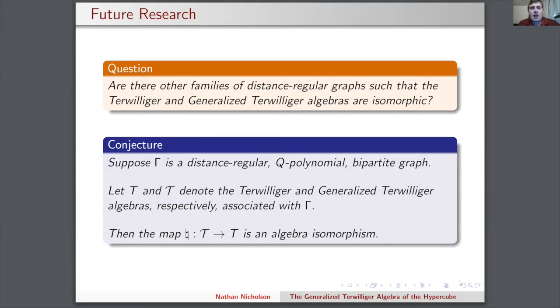Let T and T denote the generalized and concrete Terwilliger algebras respectively. Then we think that natural from T to T is an algebra isomorphism. So that's sort of where we want to go next. We think that we can broaden this family of hypercubes to distance regular Q polynomial bipartite graphs, because the hypercubes are a subset of that set of graphs.